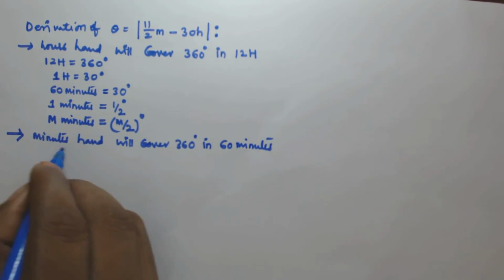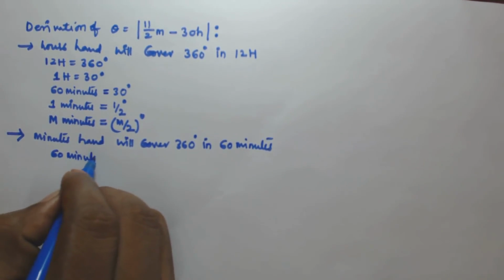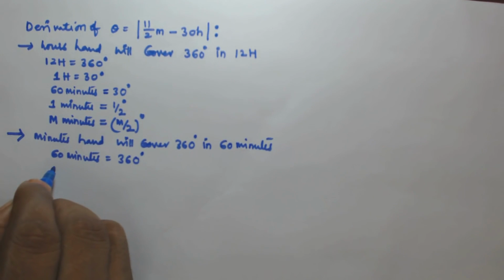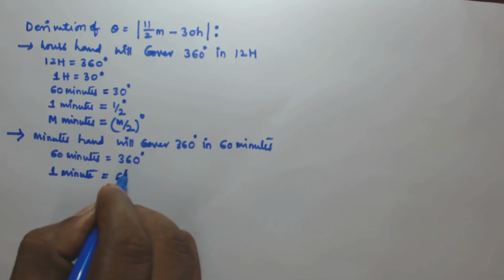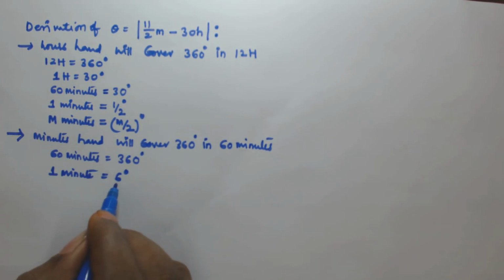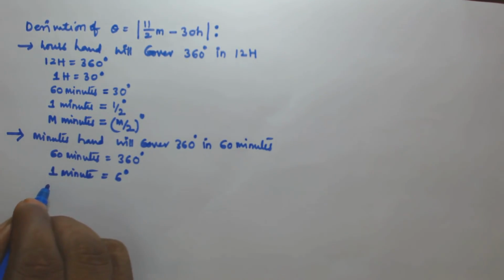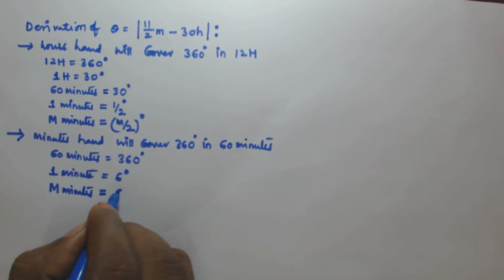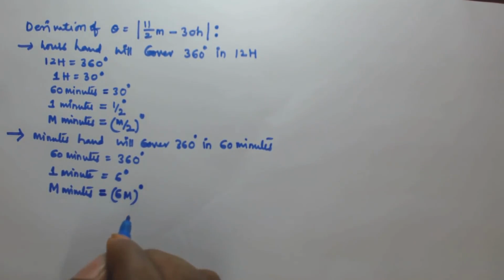From the point of view of the minutes hand, I can write that 60 minutes is equal to 360 degrees. That means 1 minute is going to be equal to 6 degrees. So the minutes hand will cover 6 degrees in 1 minute, and in m minutes it will make 6m degrees. I hope this much is clear.